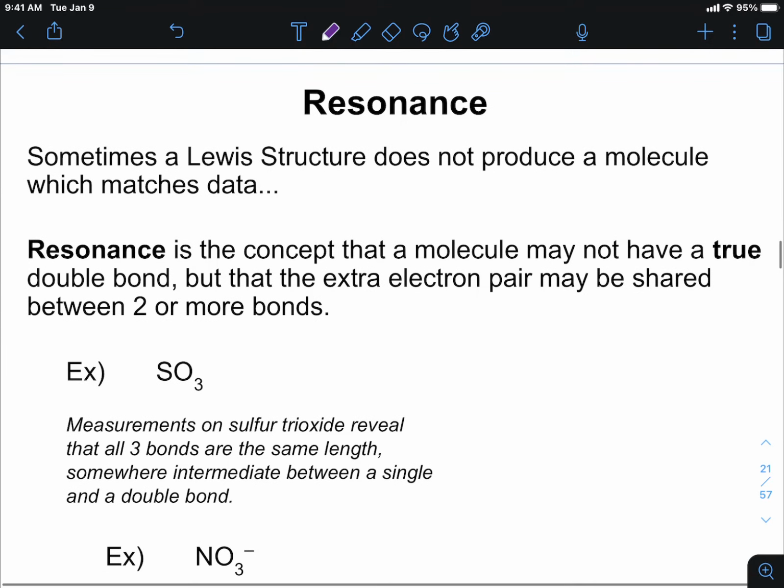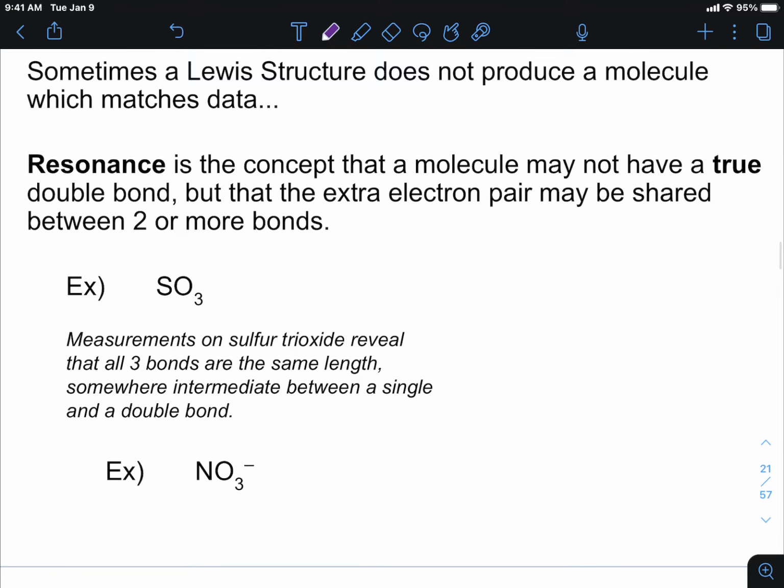Resonance. So sometimes you'll draw a Lewis diagram, and the Lewis diagram, even though it looks good on paper, might not be how it is experimentally determined. An example of that happens when you have double bonds, or multiple double bonds. So for example, SO3.